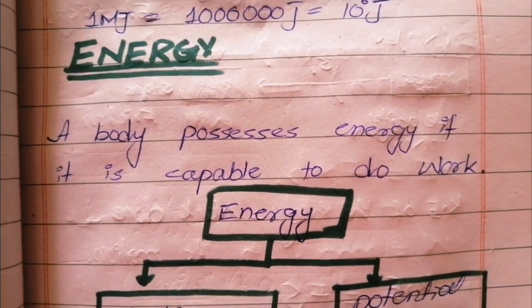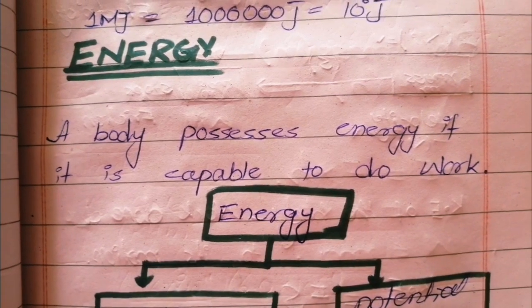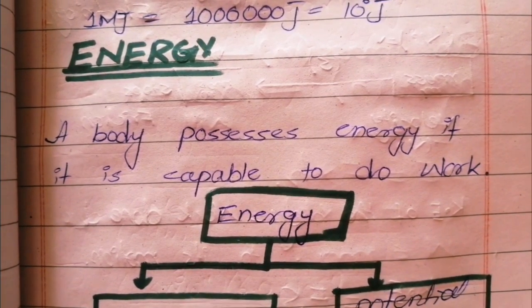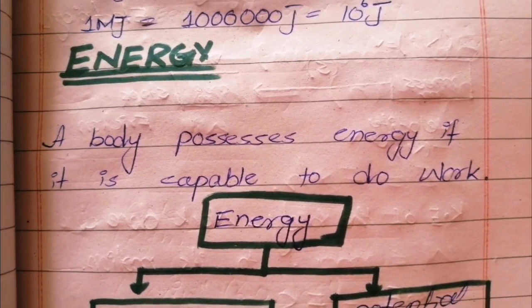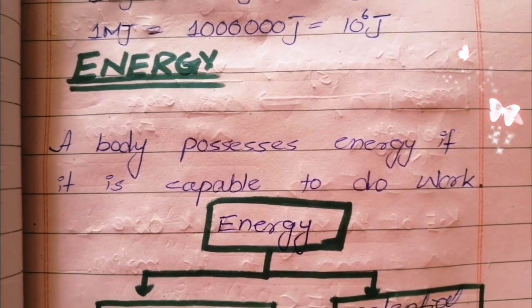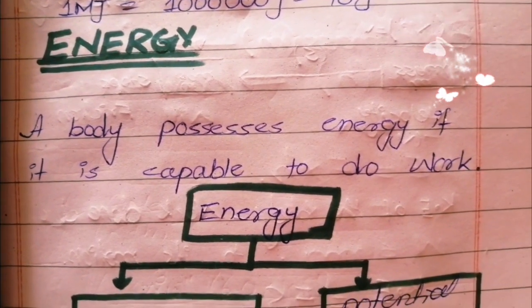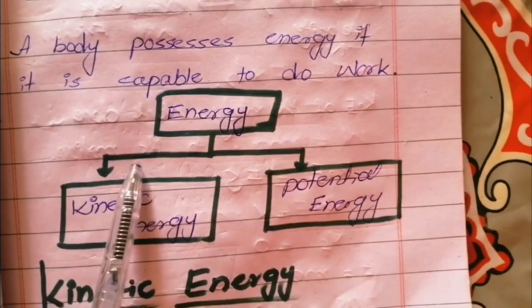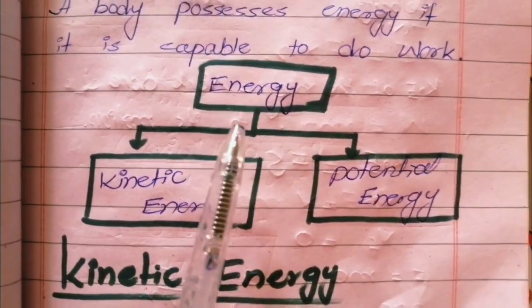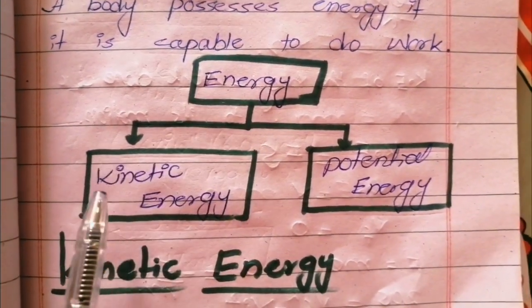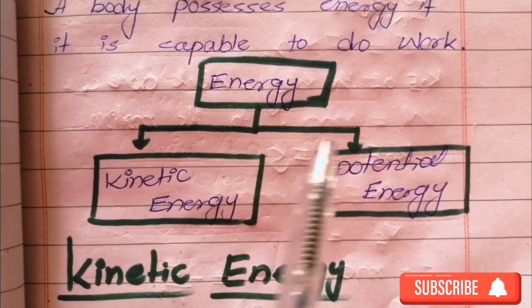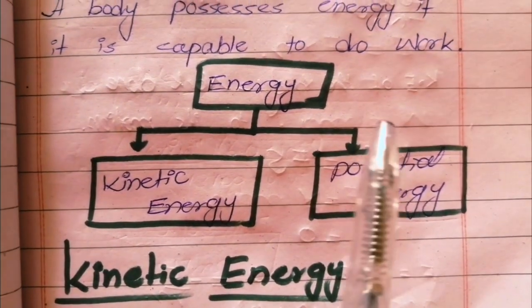There are various different forms of energy like mechanical energy, light energy, electrical energy, chemical energy, nuclear energy, solar energy, etc. There are two types of mechanical energy: kinetic energy and potential energy.